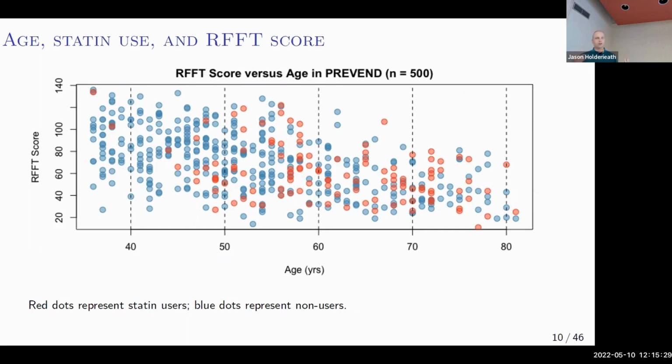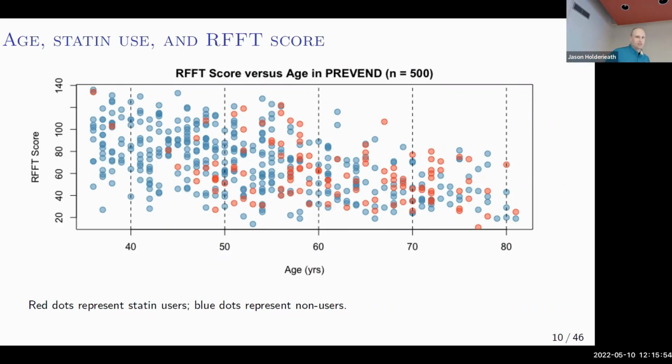So a certain amount of change in age led to a certain change in score. And of course, people's cognitive ability does generally decline as they get older. But it seems like there's more in play here.